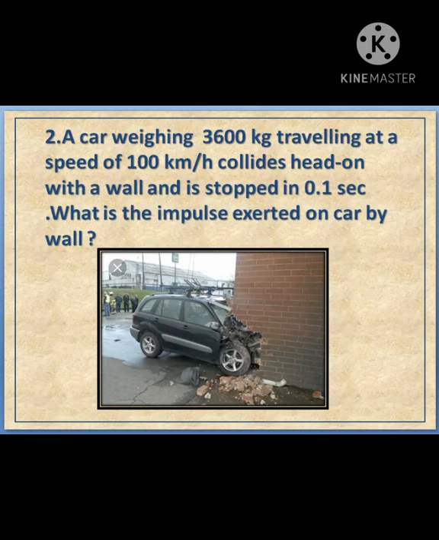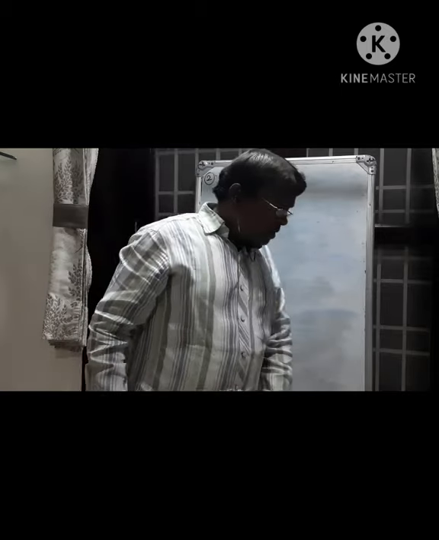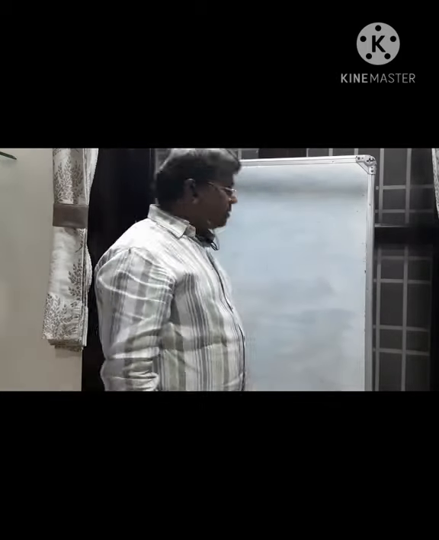So here is the problem number 2. Note it down and let us solve the problem. Okay children, you have seen the problem number 2. Now let us find out the solution. Let us try to solve it.